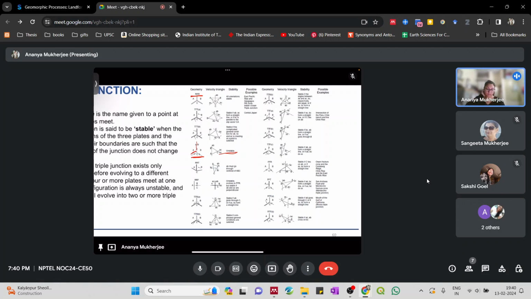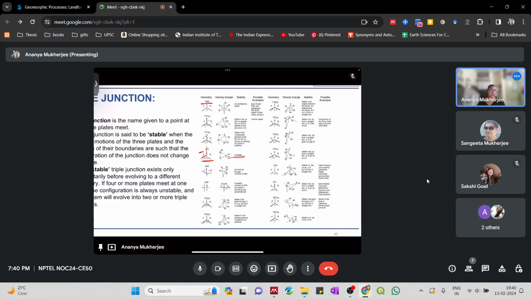If the velocity of the movement of that plate is higher, you can see that it is unstable, it will change its geometry over time. Okay, so these are the possible geometries that can be found for different triple junctions.